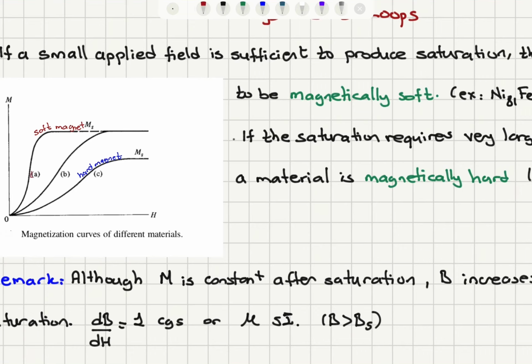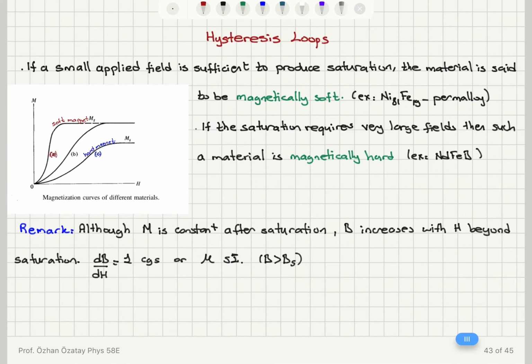So A is an example of a soft magnet, whereas C requires a very large field to saturate, so that's a hard magnet. Magnetically soft materials like permalloy, and magnetically hard materials like neodymium iron boron, permanent magnets, can be given as examples.